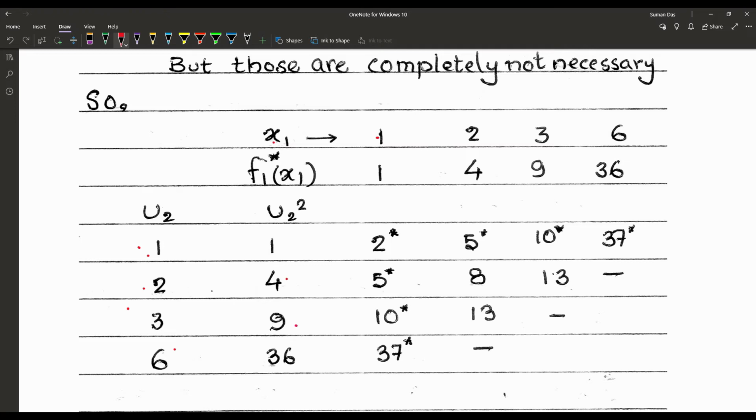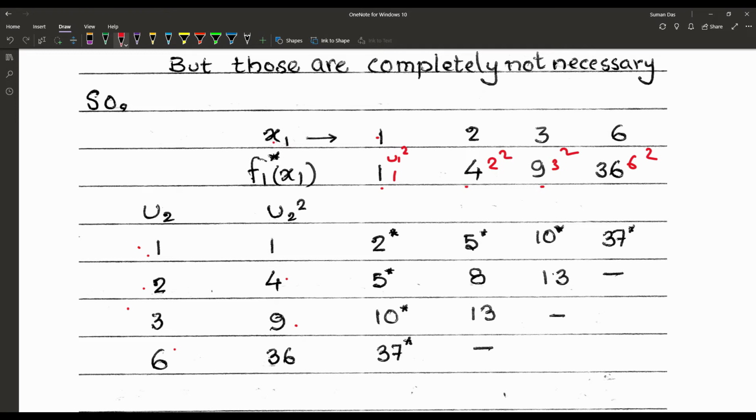Now f1 x1 is equal to 1, 4, 9 and 36, just the way u1 square, that means 1 square, 2 square, 3 square, 6 square. In that way we have also found out 1, 4, 9, 36.